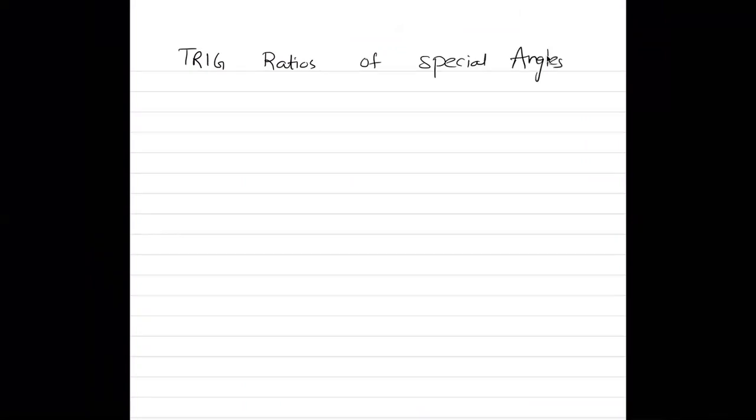Now these special angles are basically angle 30 degree, 45 degree and 60 degree. To remember their trig ratios, you can do two things. To find the trig ratio of 30 and 60, you can draw an equilateral triangle.